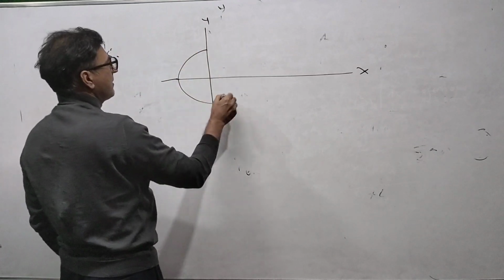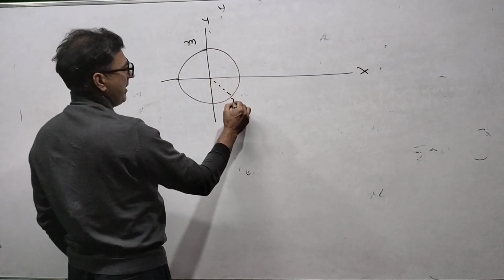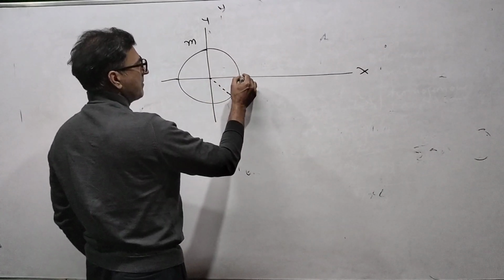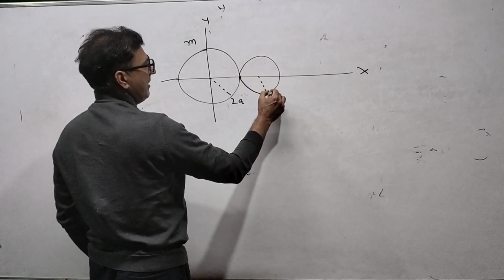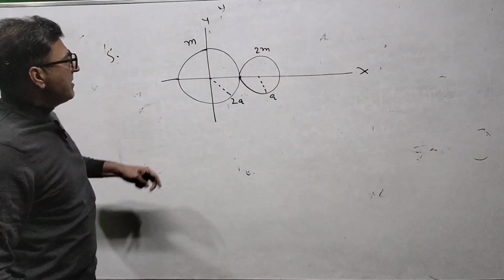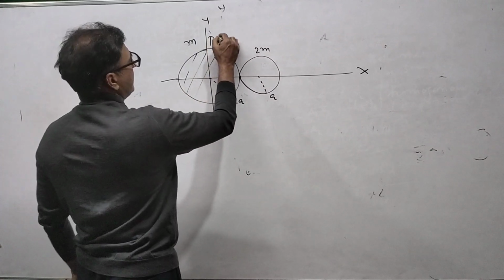It's a disk having mass m and radius of 2a. It is again one more disk. Radius is a only, but mass is 2m. So obviously these two are disks, disk and disk.